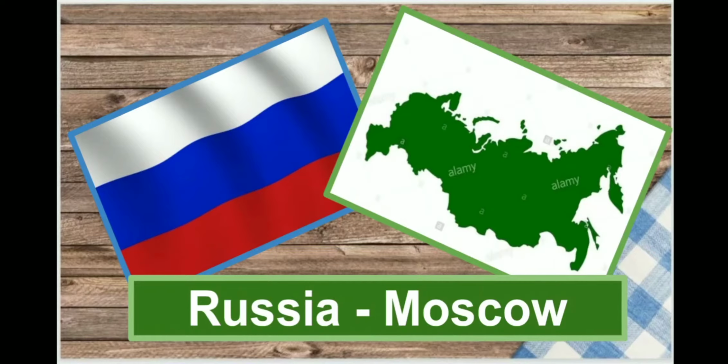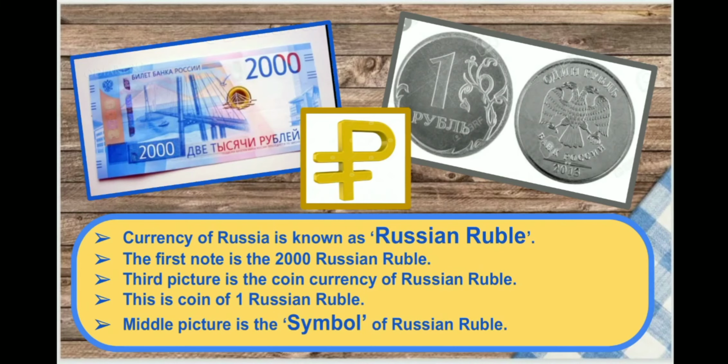Russia, and its capital is Moscow. Please see this video carefully. Map, flag, country, capital, currency, its symbol, everything is in this video. So I hope nobody will forget after that video. Currency of Russia is known as Russian ruble.